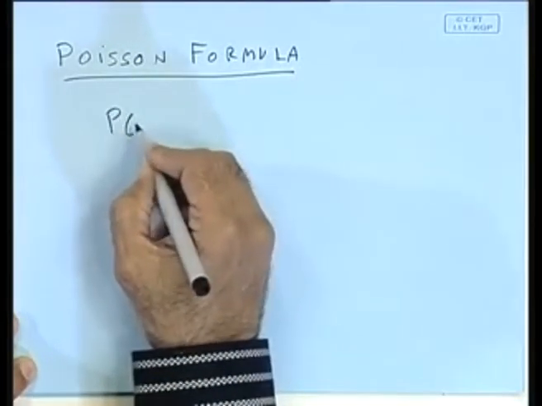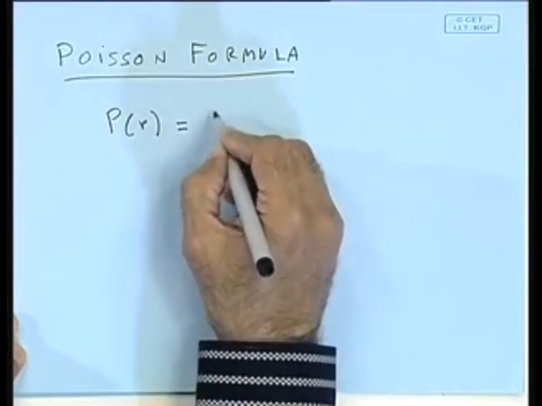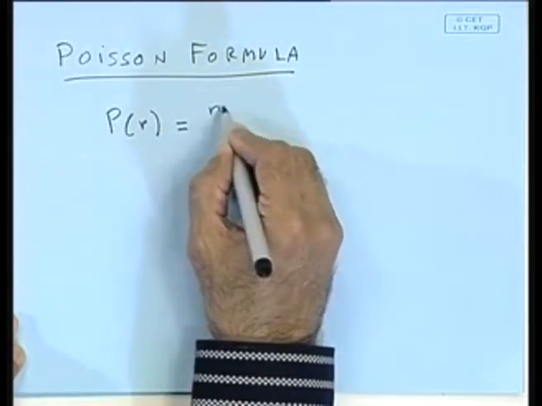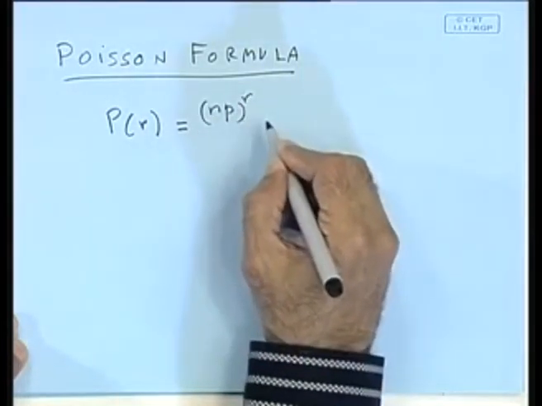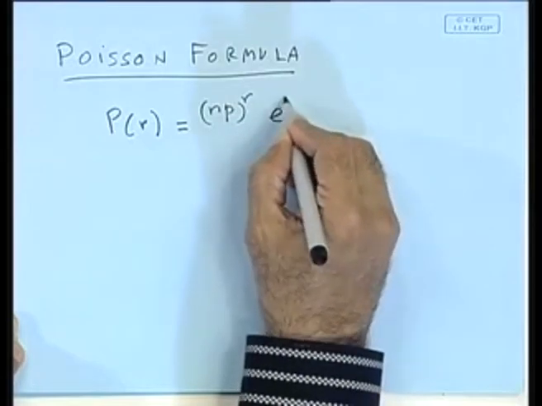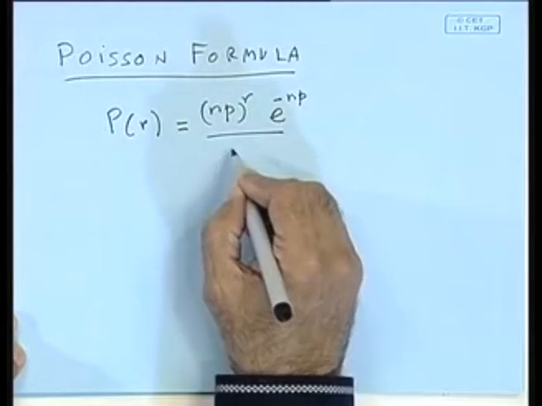The probability of there being R defectives is equal to np raised to the power r, e to the minus np, divided by r factorial.